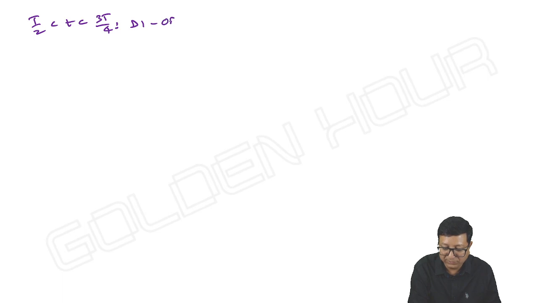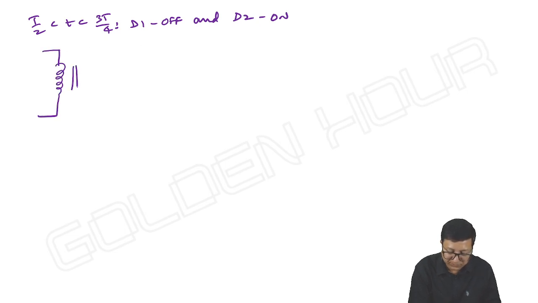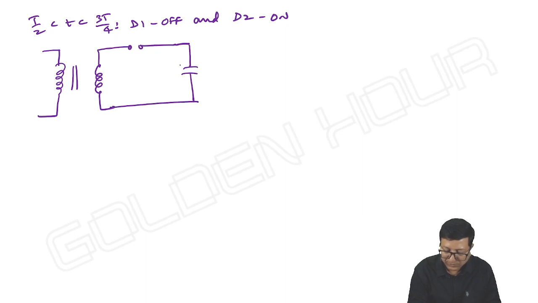D1 is anyway off and D2 is on. Voltage across C1 is Vm with polarities top to bottom. And D2, let me change the color here.